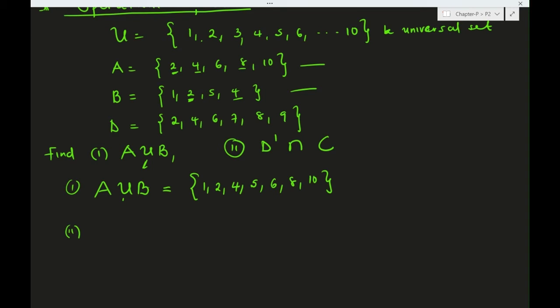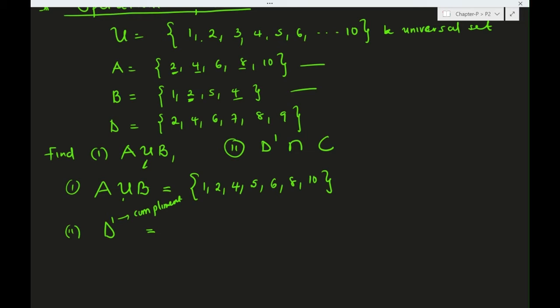Number 2 is D prime intersection C. First of all, let's find what D prime is. D prime means the complement.